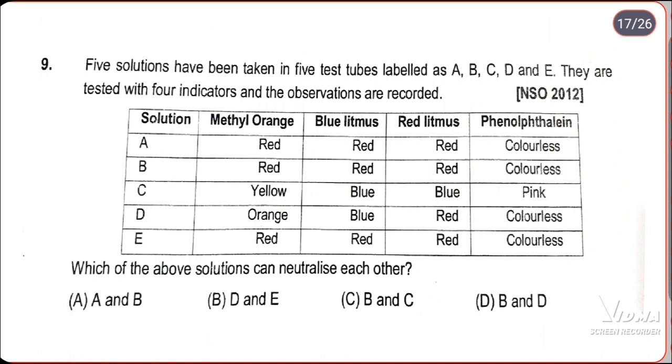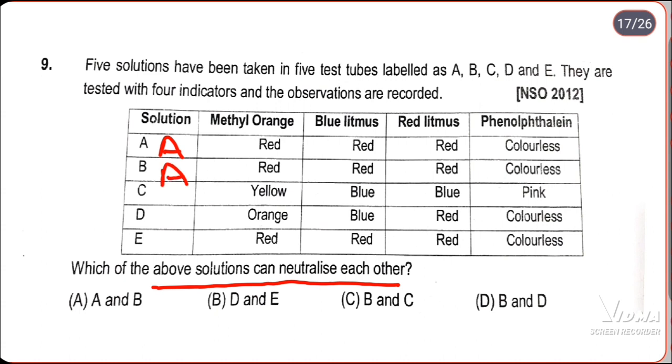Now you have to tell which of the above solutions should be added to neutralize it. So A: methyl orange changes to red, blue litmus to red, red litmus to red and phenolphthalein to colorless. Means A is acidic. B: methyl orange to red, blue litmus to red, red litmus to red and phenolphthalein colorless. So it is also acidic.